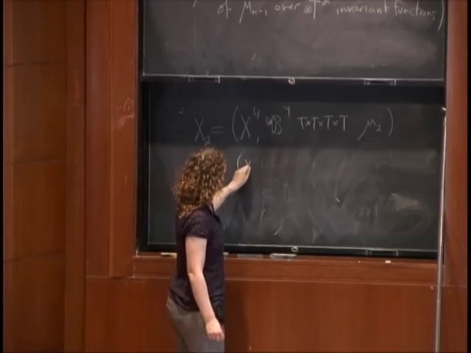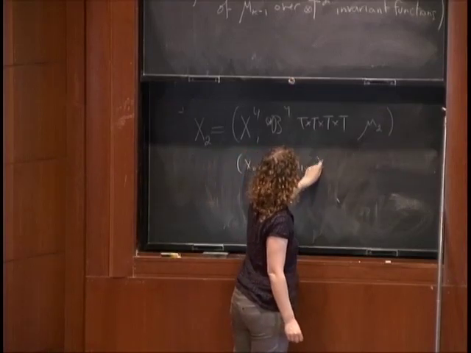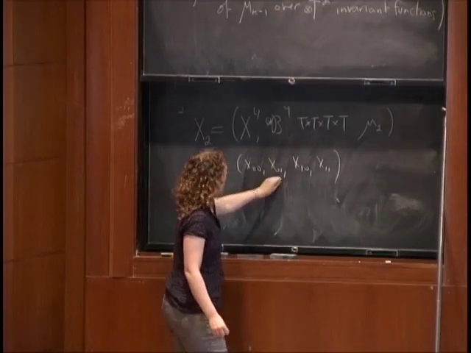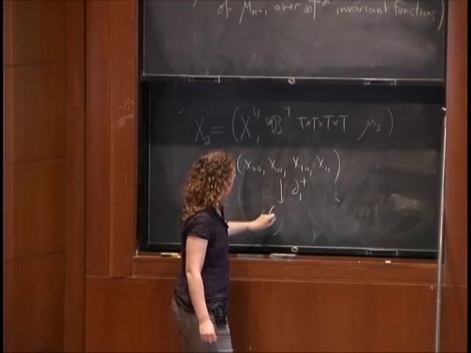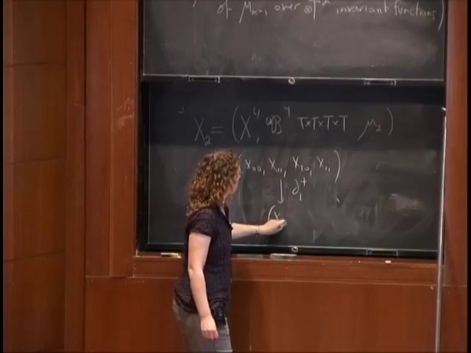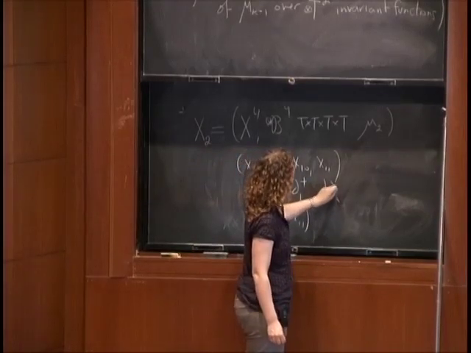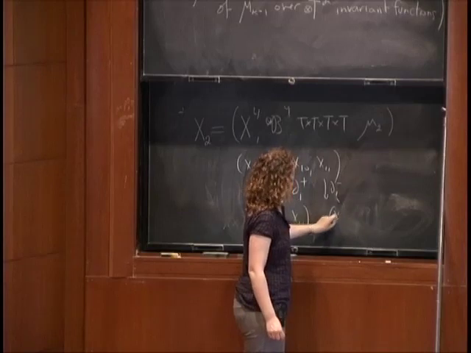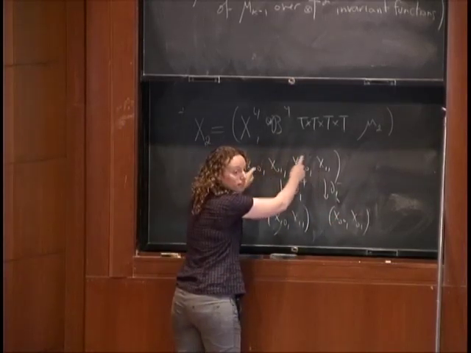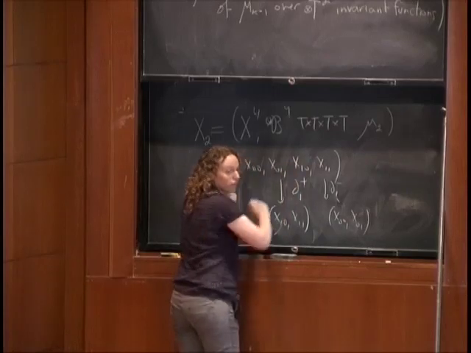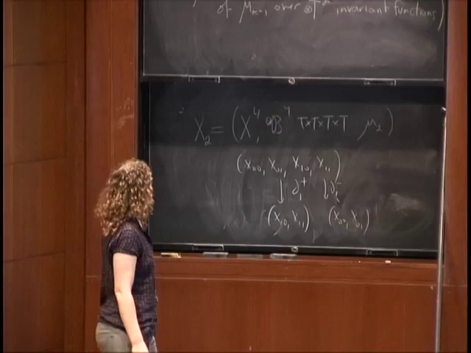Then if you have x_{0,0}, x_{0,1}, x_{1,0}, x_{1,1}, a boundary map, say δ_1^+, will take this to x_{1,0}, x_{1,1}, and δ_1^- will take this to x_{0,0}, x_{0,1}, and δ_2 will look at these, and δ^+ and δ^- will look at these. So I have four boundary maps.